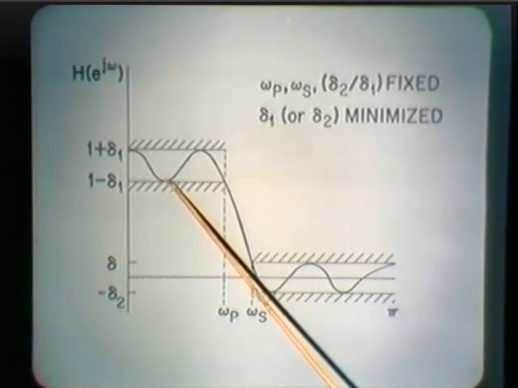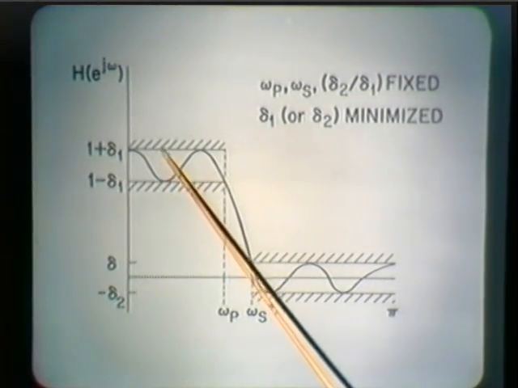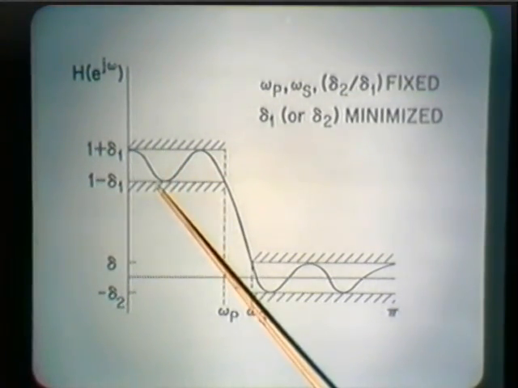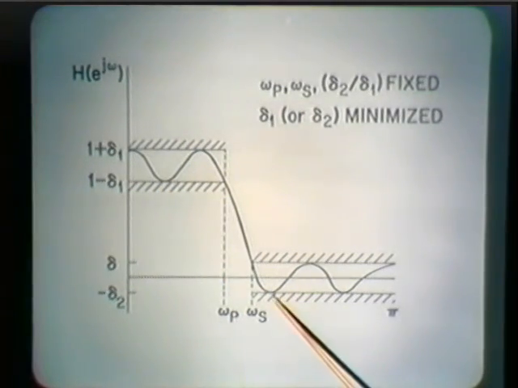That is, the ripples in the pass band should alternate between the upper and lower limits, and the ripples in the stop band should alternate between the upper and lower limits.